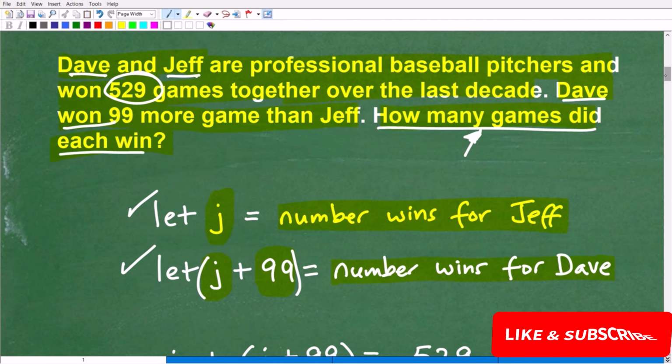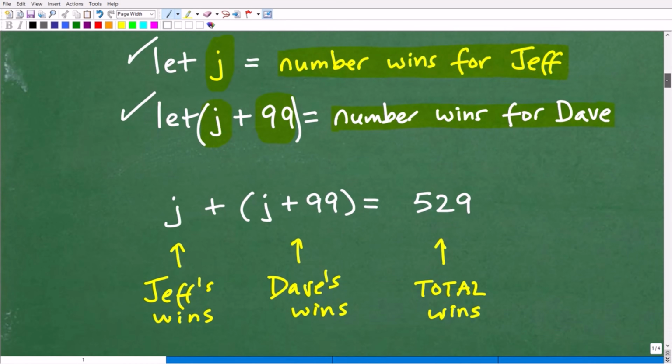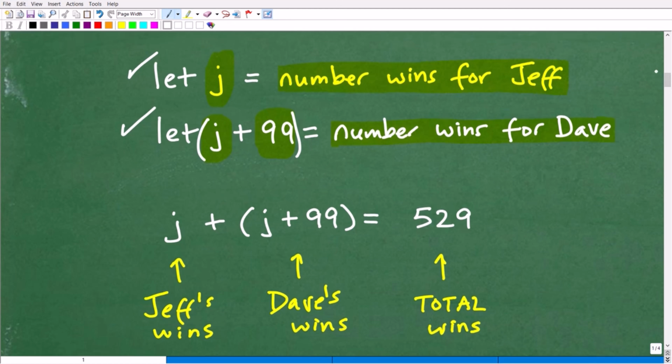All right, so now the next thing we want to do is set up an equation. So we're going to use the information from the problem to equate some things. I've got to involve the variables and create an equation. So here is what we can do. I know that Jeff and Dave's total wins over the last decade were 529.